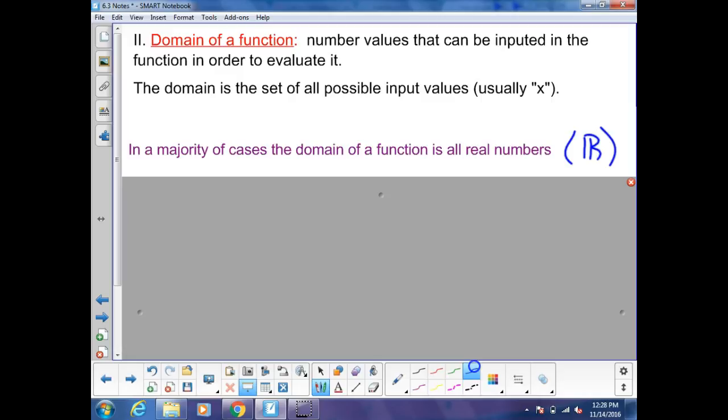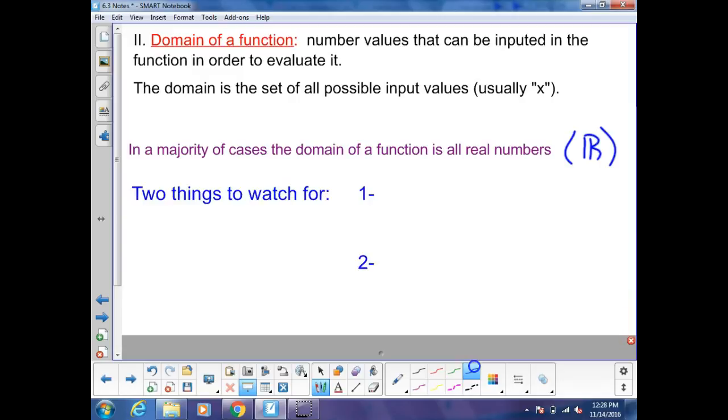There are only 2 cases in which a function will not have a domain of all real numbers. The first case is if we have a fraction with a variable in the denominator.